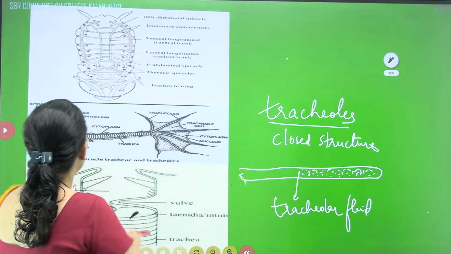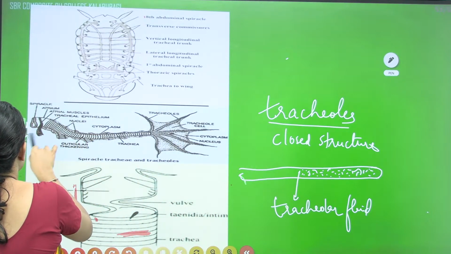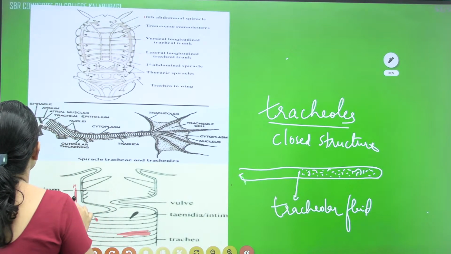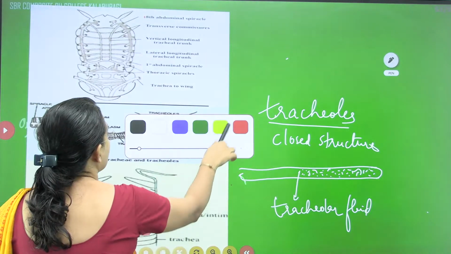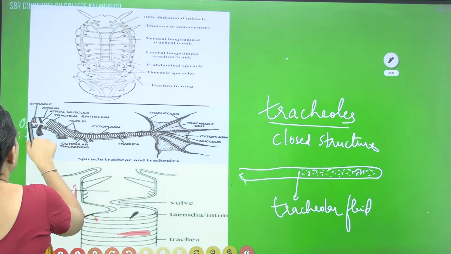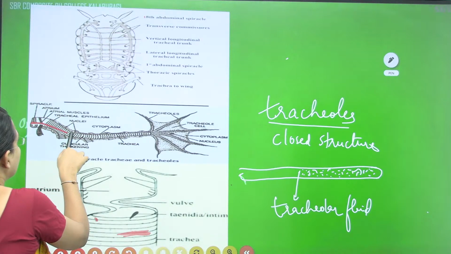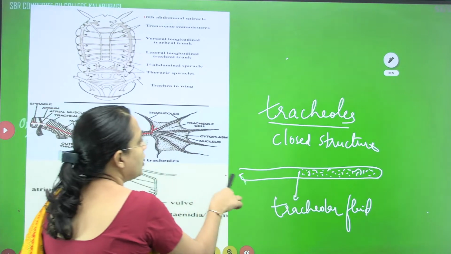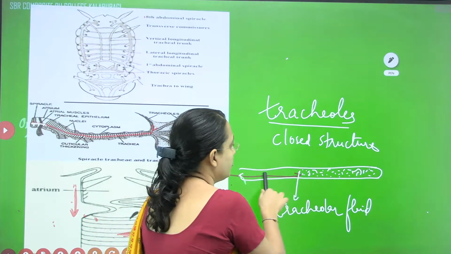So the air containing oxygen is going to enter here in the bigger trunk and then finally go into the tracheole.